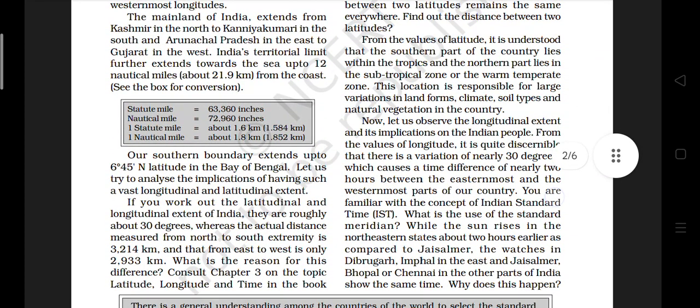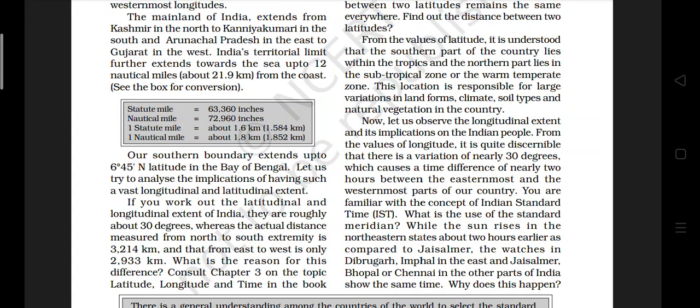From the values of latitude, it is understood that the southern part of the country lies within the tropical zone and the northern part lies in the subtropical zone or the warm temperate zone. This location is responsible for large variation in landforms, climate, soil types and natural vegetation in the country.